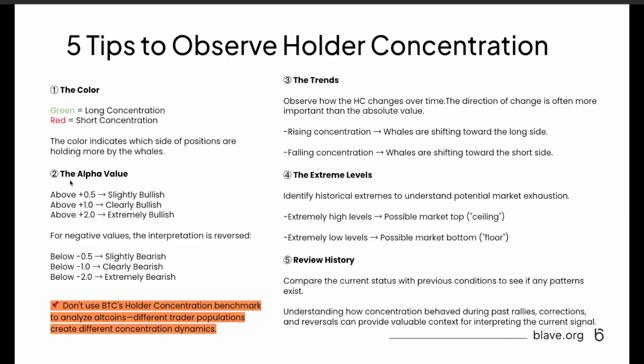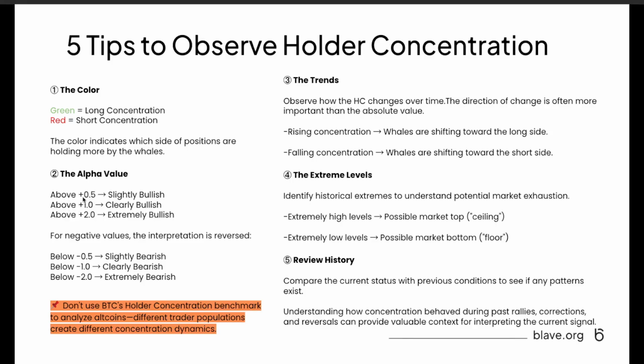The second one is the alpha value, the holder concentration value. I give you six critical levels of the value, which could briefly tell you the side of the current market trend illustrated by holder concentration.